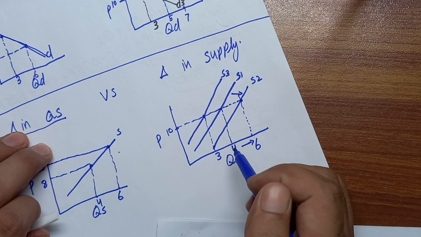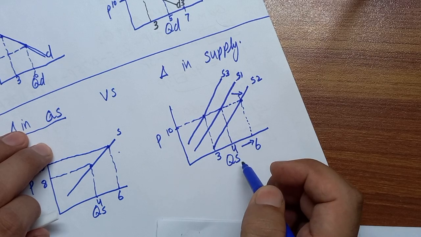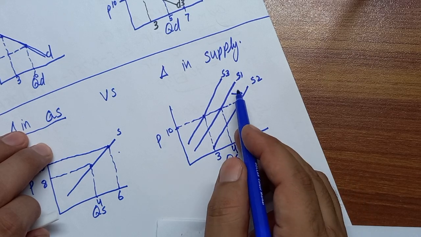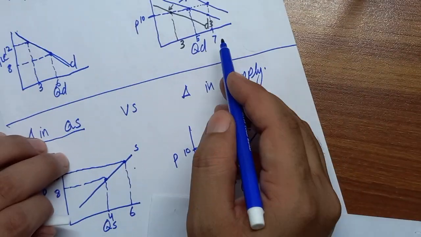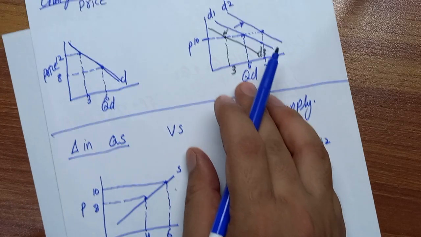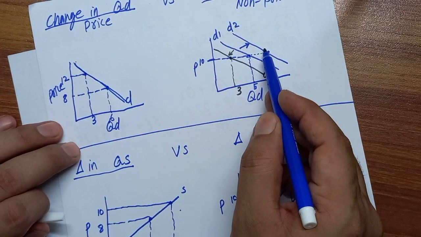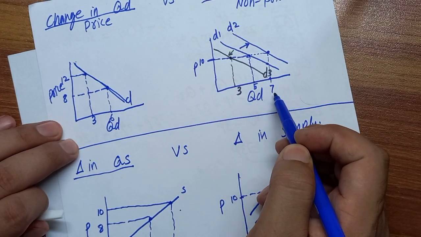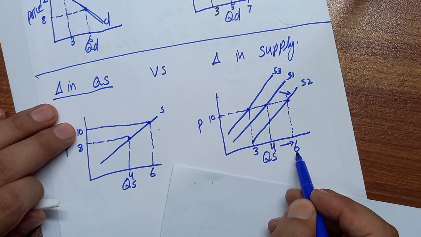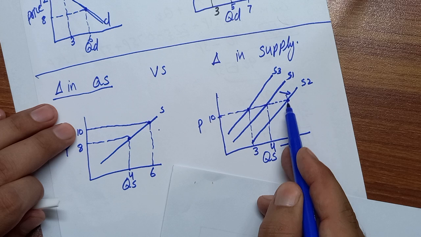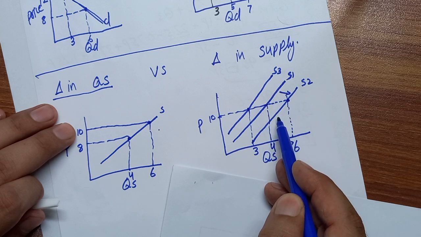In the supply, if the quantity of supply is increased, we will draw the line below the original line. In demand we were drawing above the original line when we increased the quantity of demand, but here when the quantity of supply increases, we will draw the line below the original line.